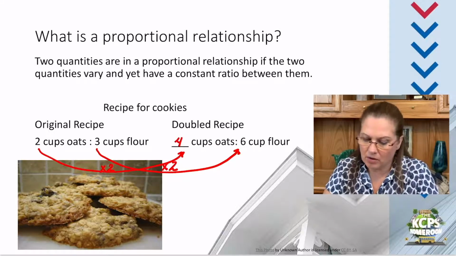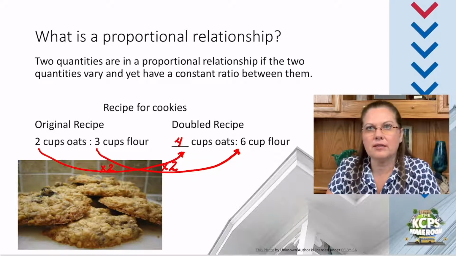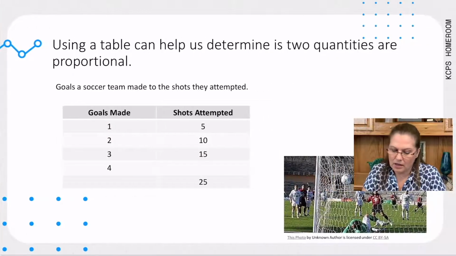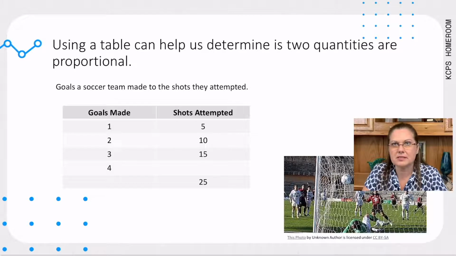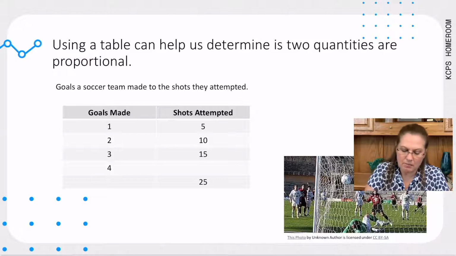Another example that you might be familiar with is when you play soccer, and I have a table demonstrating soccer goals to attempts. You'll notice for every 1 soccer goal, they make 5 attempts. Now when we're looking for a ratio, we're looking for the rate of change between our x value and our y value.